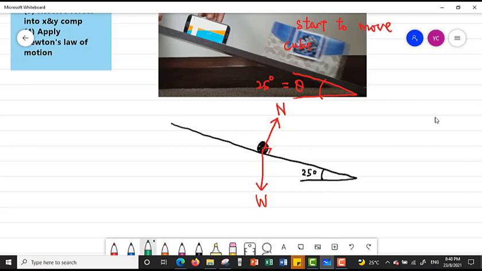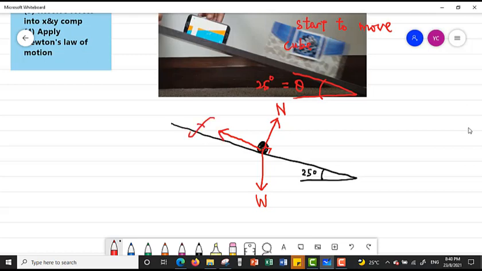Our friction force will always be parallel to the surface, but acting opposite to the motion. So the cube tends to slide down, so our friction will act along the inclined plane, but upwards.